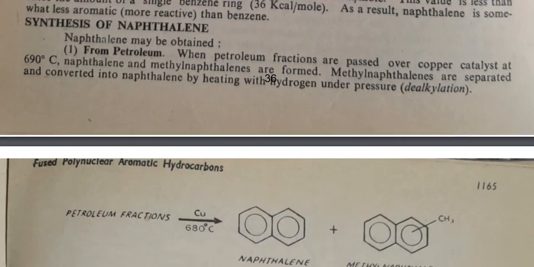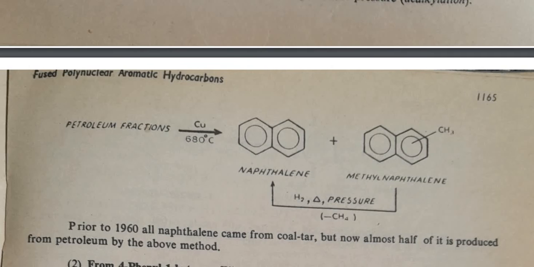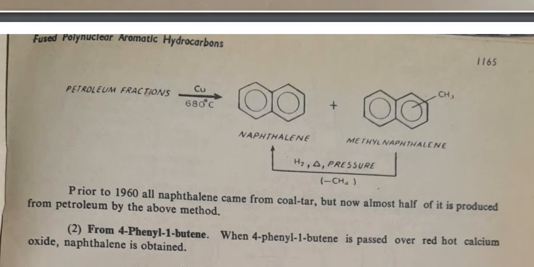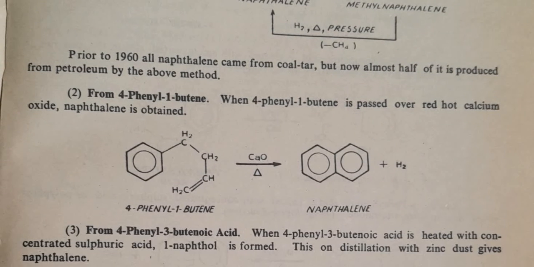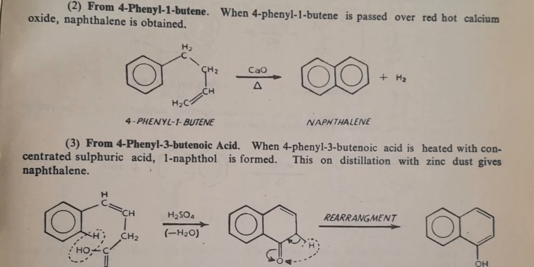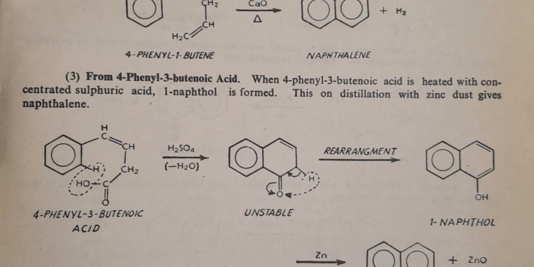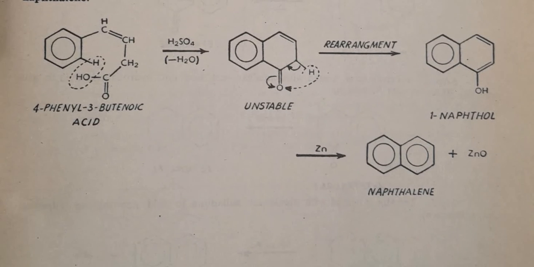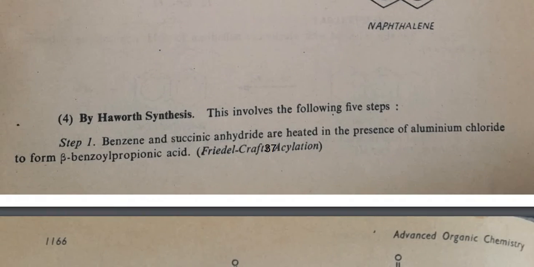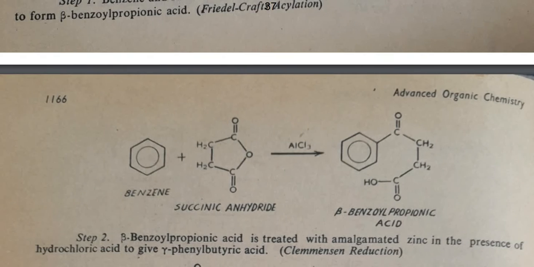Now synthesis of naphthalene. You can synthesize naphthalene from petroleum fractions, from 4-phenyl-1-butene, from 4-phenylbutanoic acid. You can see the Haworth synthesis, which is important.